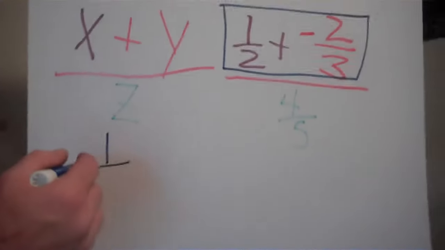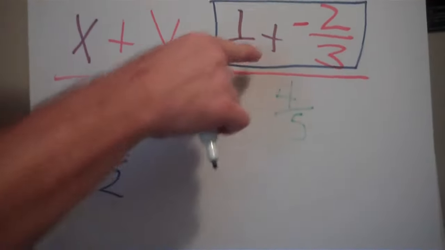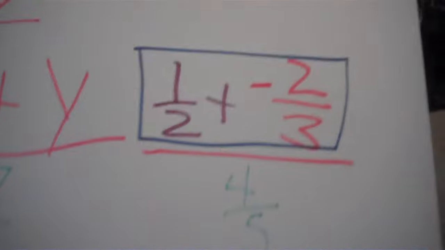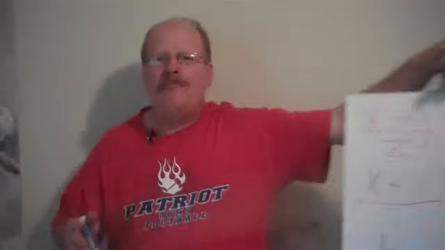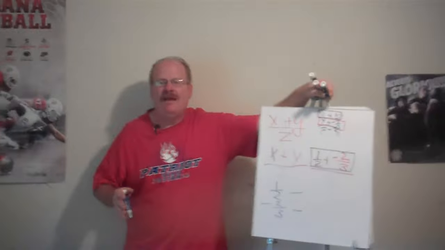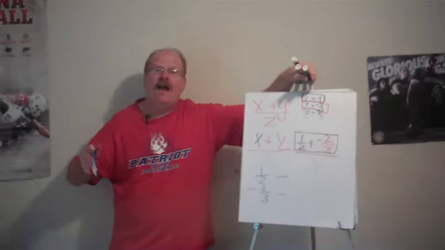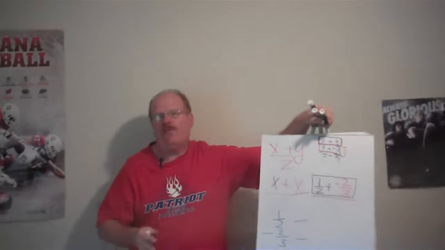If the slice you're most comfortable with is to just make that a subtract sign, you can. 1/2 minus 2/3. Now this is like going to Buffalo Wild Wings and getting half an order of wings and a third of an order of wings.